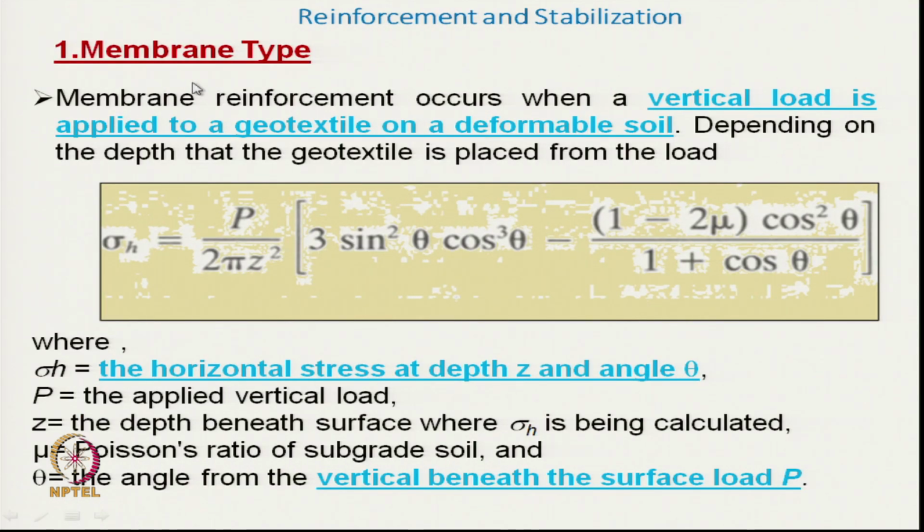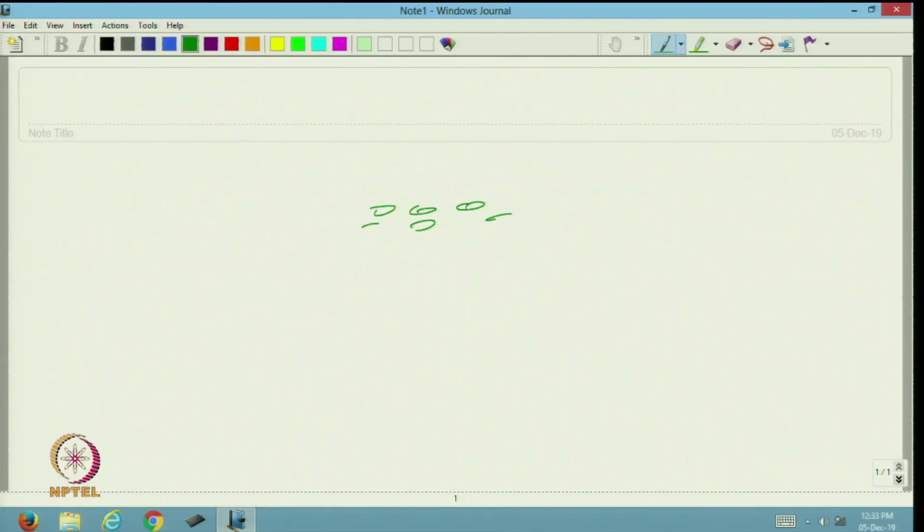Now, if we see the membrane type, the membrane reinforcement occurs when vertical load is applied to geotextile on a deformable soil. Let us see, this is soil, aggregate, then geotextile, then soil particles, soil.